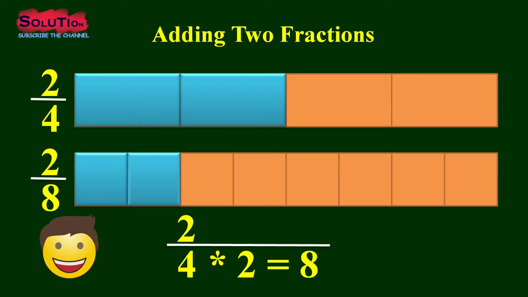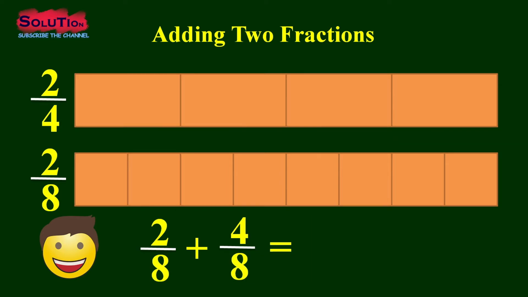But one rule is that if you multiply the denominator by 2, you have to multiply the numerator also by 2. So 2 into 2, it will be 4. So now instead of writing 2 by 4, we will be writing 4 by 8. So here 2 by 8 and 4 by 8 we will be adding.